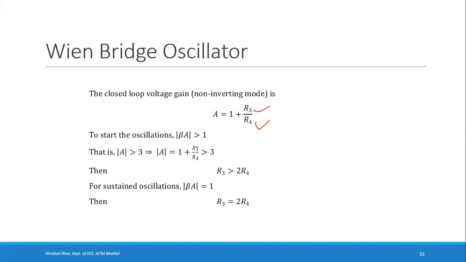In other words, R3 will be greater than 2 times R4. This is to start the oscillations. Once the oscillations are sustained, beta A should be equal to 1. That means R3 should be equal to 2 times R4. Okay, so these are the considerations we have in the Wien bridge oscillator.